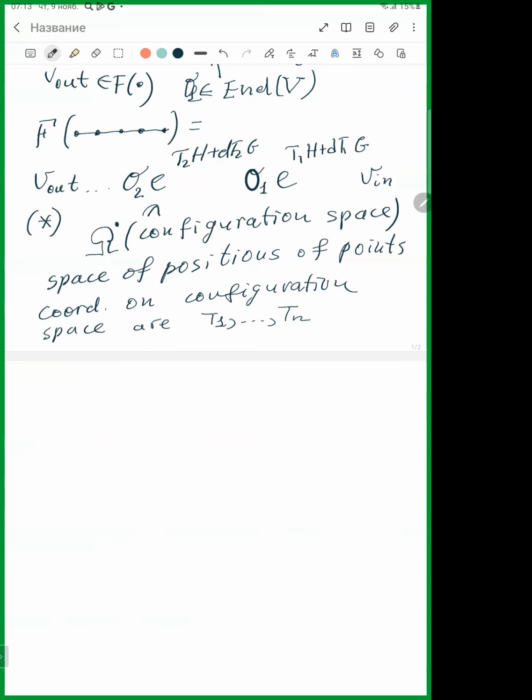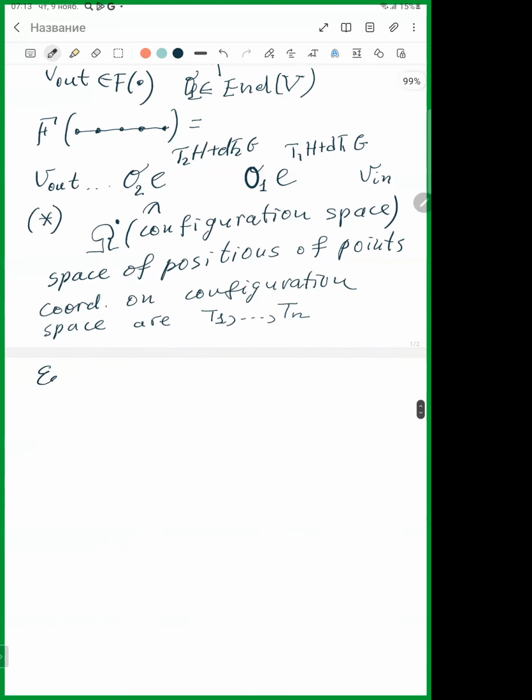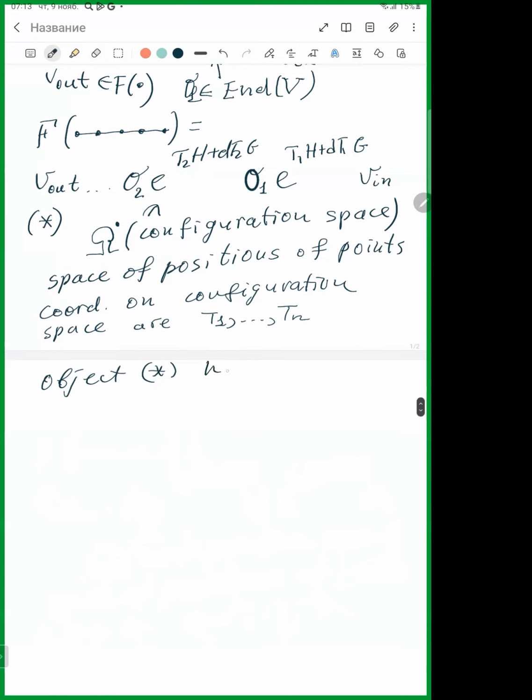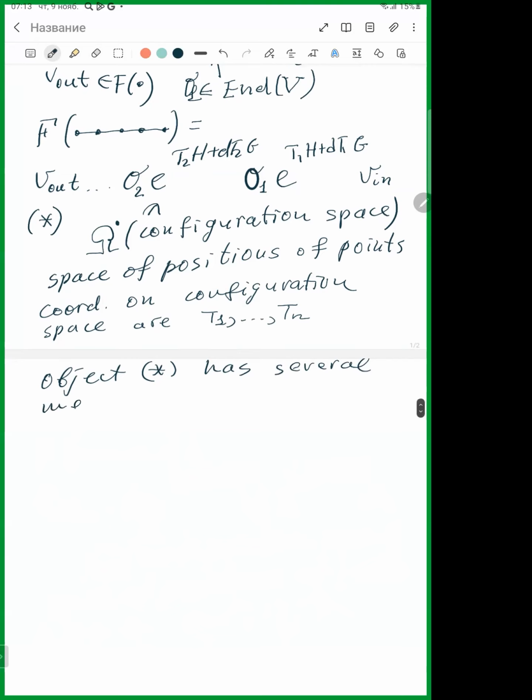What is interesting is that object star has several meanings.